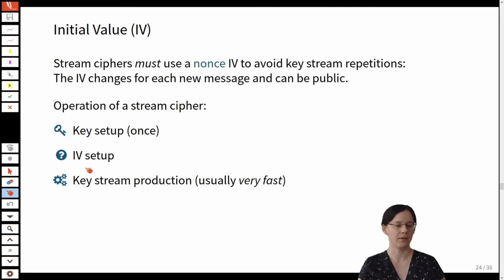And what's typical in stream ciphers is that the setup can be quite costly because they often have a not so tiny state which first needs to be filled in a way that you can't compute backwards to the key in case you learn the state. But once this state is pre-initialized, the actual stream production is pretty fast.